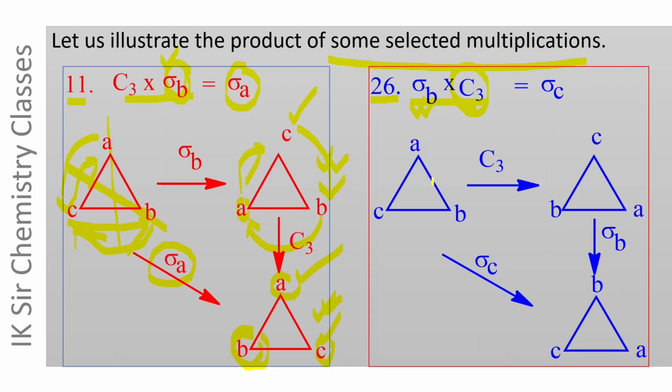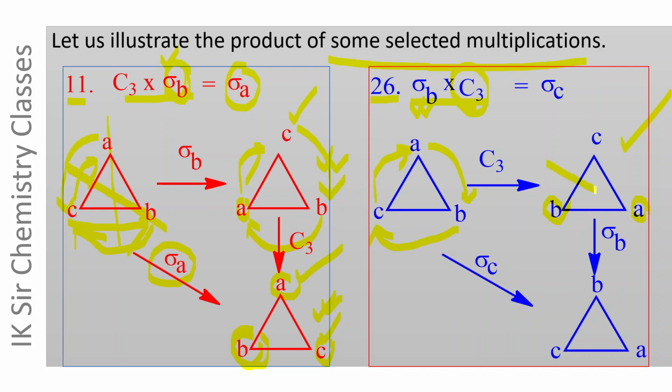On applying the C3 operation on this NH3 molecule, A will move to this position. It is A, B will move to this position. Here we get B, and C will move to this position. Here is C. And then we apply the sigma B symmetry operation.